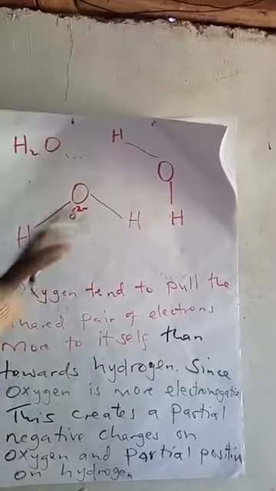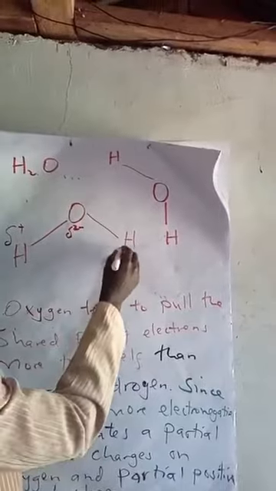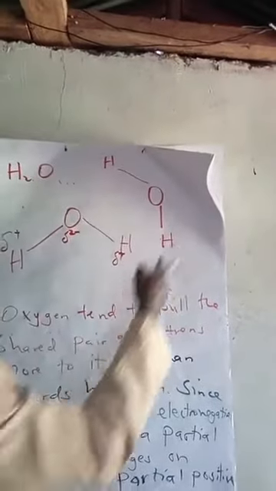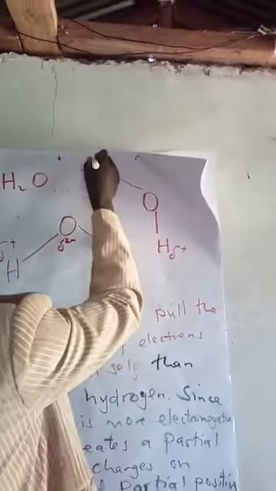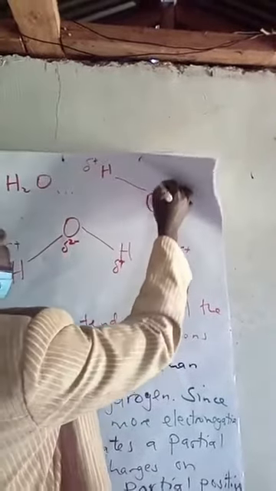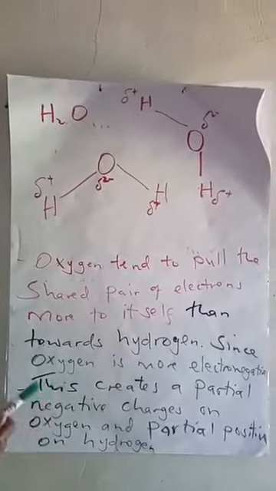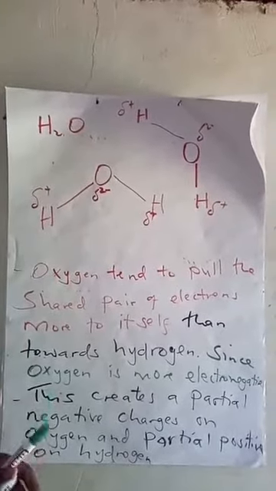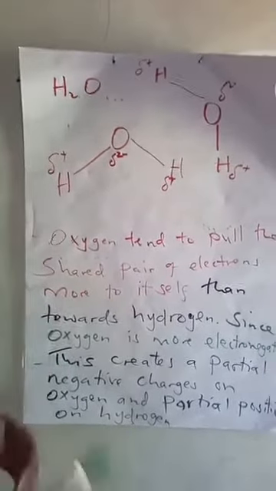So delta negative, and this one is delta positive. Hydrogen delta positive, oxygen delta negative. That is what we call partial positive and partial negative charges.